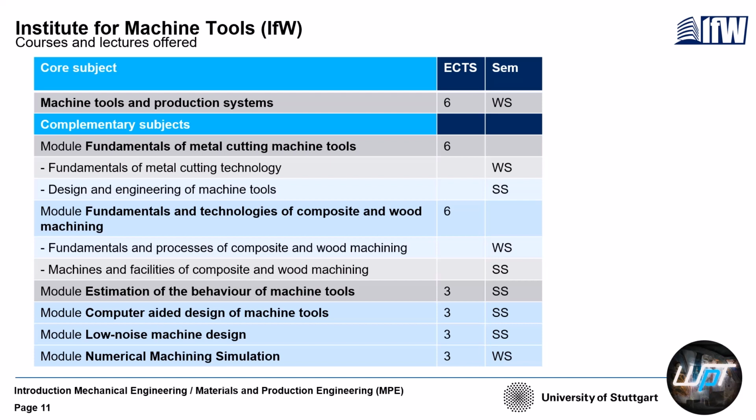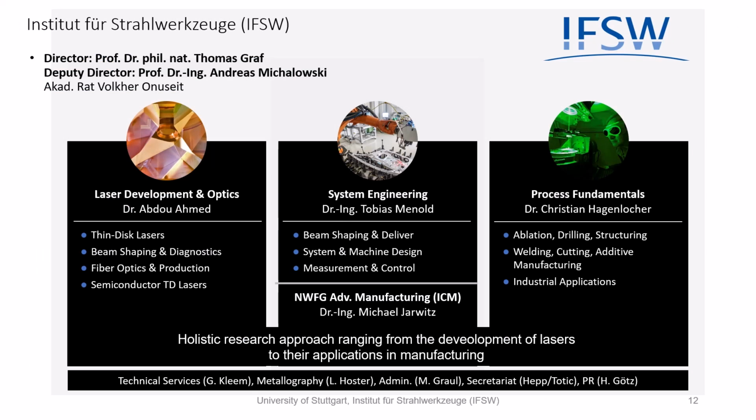So we indicated the CTS numbers and the ETS points here. You can enjoy these lectures or modules in terms of fundamentals or special issues in design or special issues in particular processing technologies.